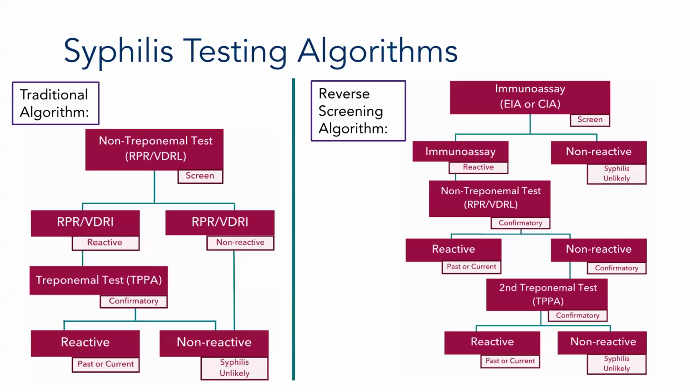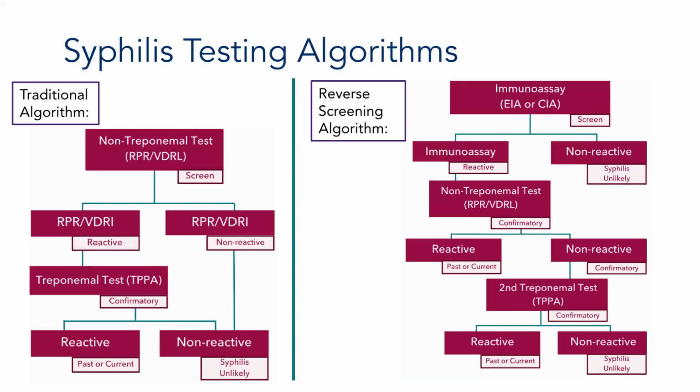Now, on the other side of this slide is the reverse screening algorithm. And this actually works sort of in reverse of the traditional algorithm. So you begin with a TREP test, often the EIA or CIA. So this very first box at the top should say this is the first TREP test.